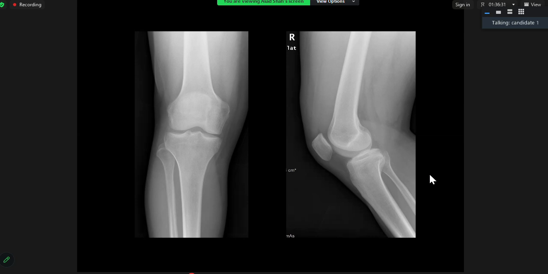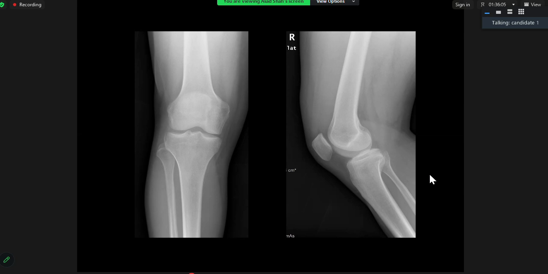I could see mild irregularity of the patella on the AP view. However, I would like to confirm it on the skyline view or the MR. Do you see any joint effusion? Yes, there is suprapatellar joint effusion.